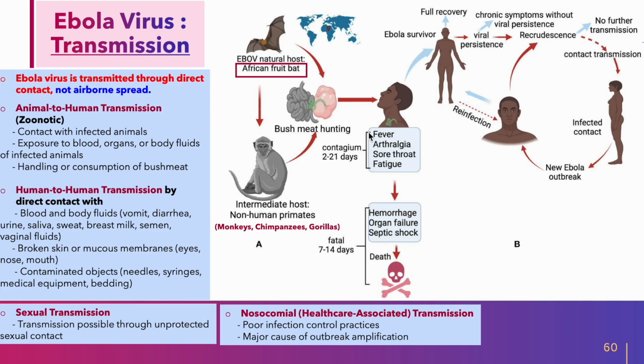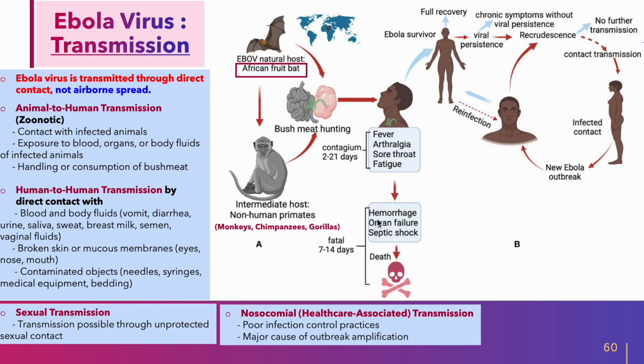And after eating that, the incubation time is about 2 to 21 days, and the symptoms are fever, arthralgia, sore throat, and fatigue. And the fatal phase is 7 to 14 days, and this is the more severe phase.